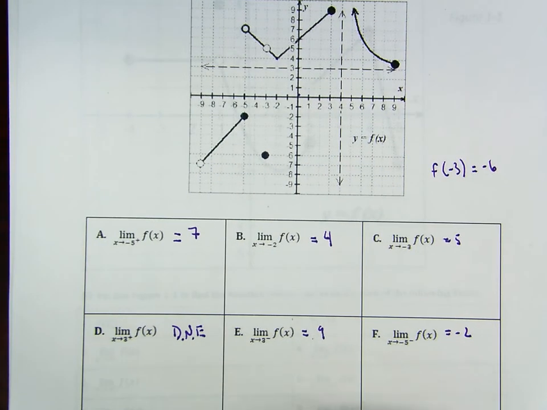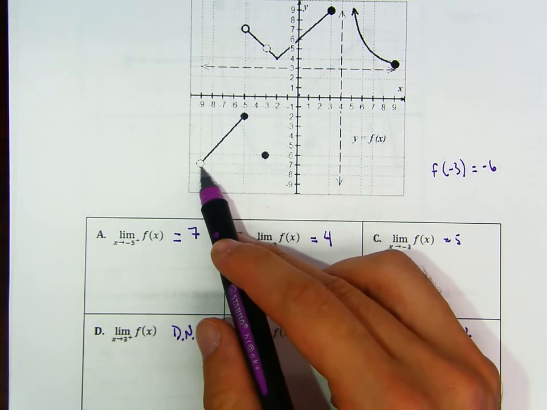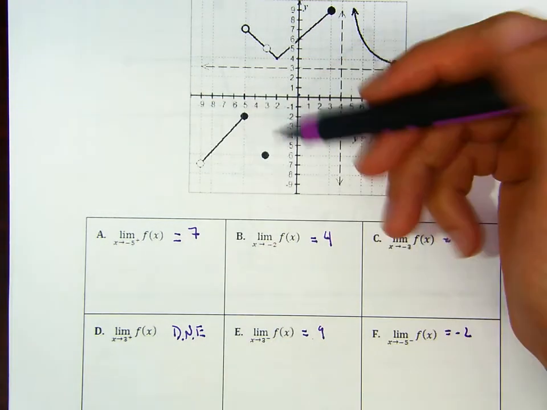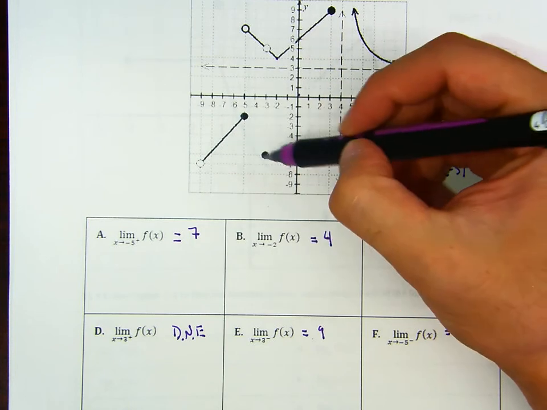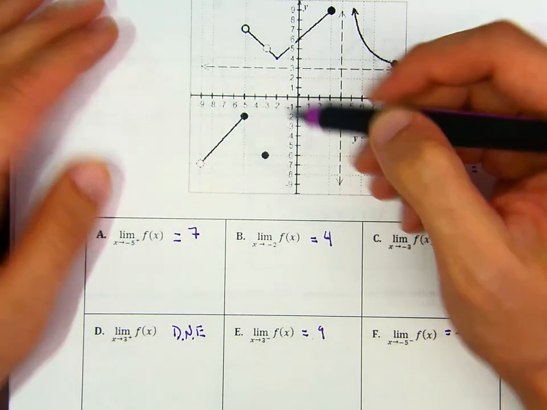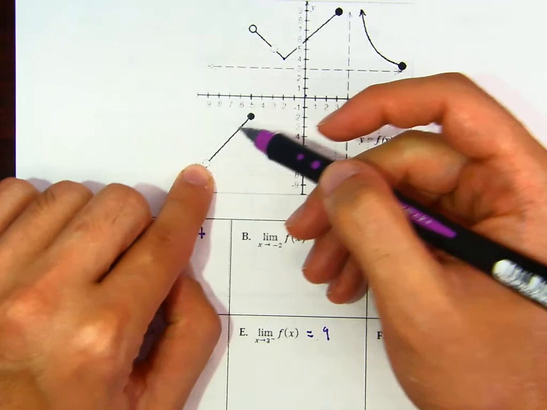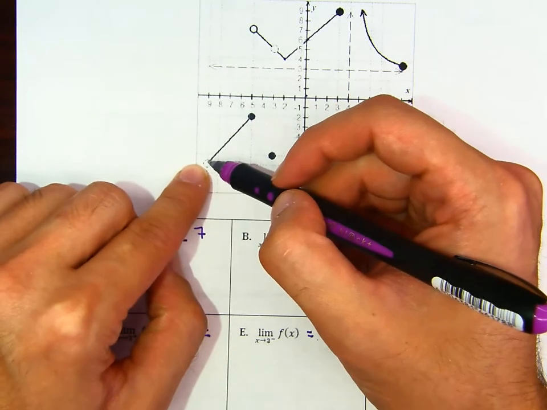So from the solution, notice that the limit from the left has to equal the limit from the right. From the right, what is the value? It's negative 7. But from the left, there's nothing on the left side of it.